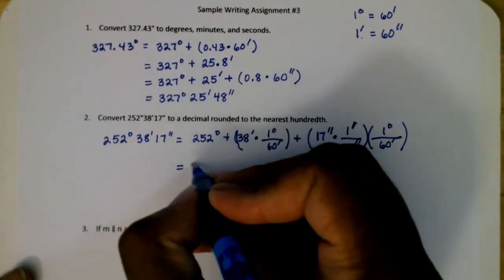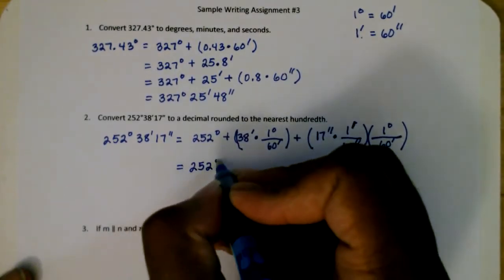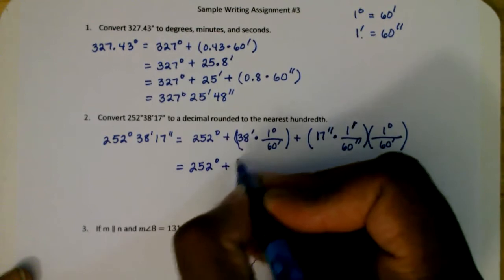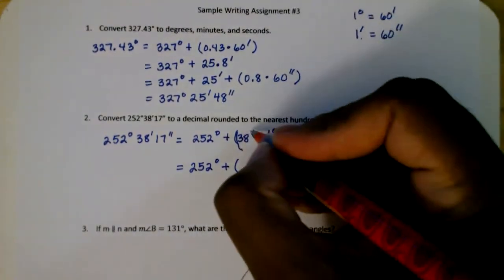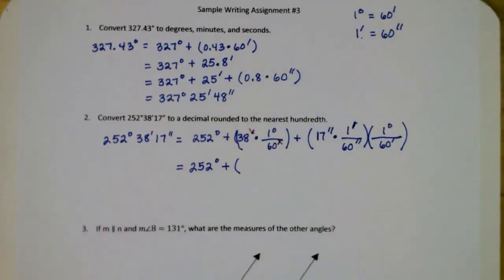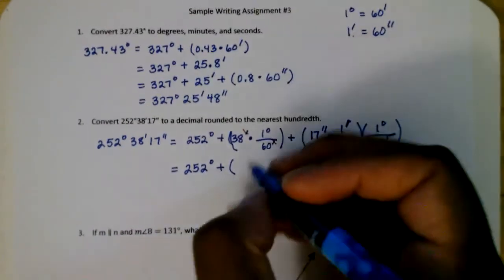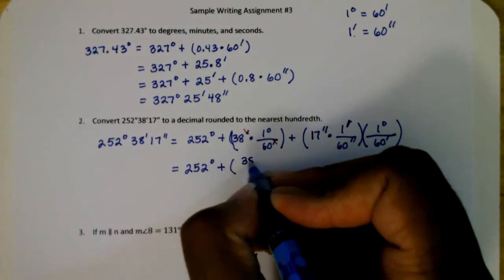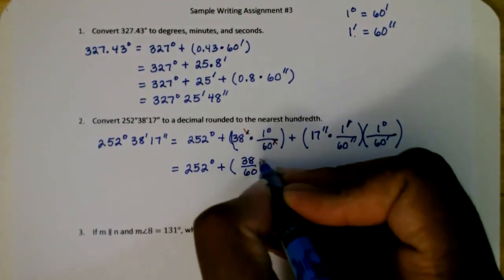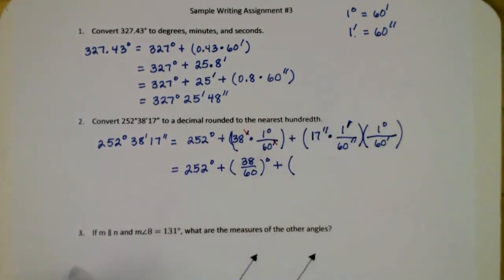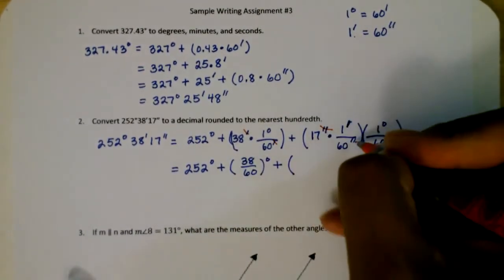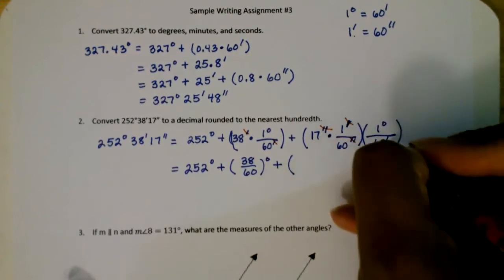Now, when I simplify this, this will be 252 degrees plus, in this case, your minutes divide out. So this will be 38 over 60 degrees plus, now for this, your seconds divide out and the minutes divide out.